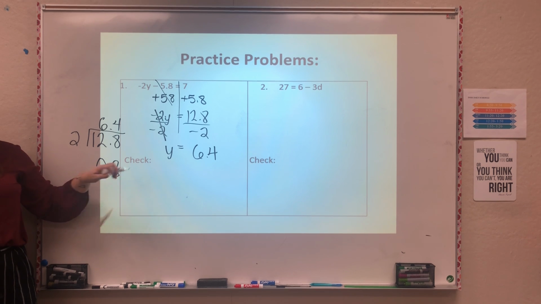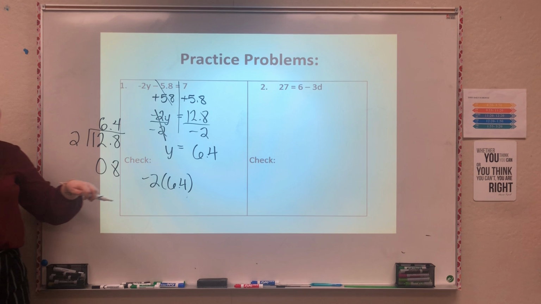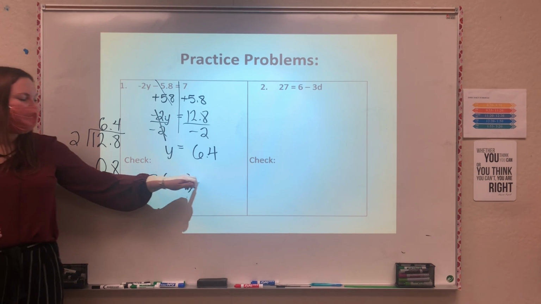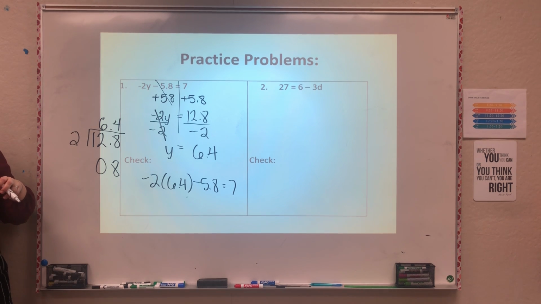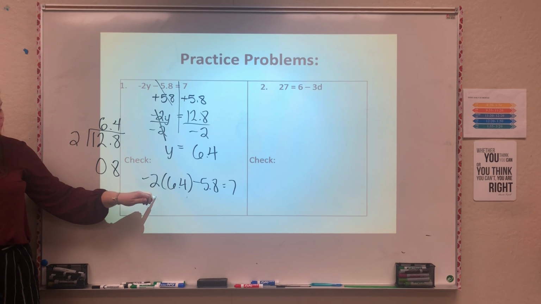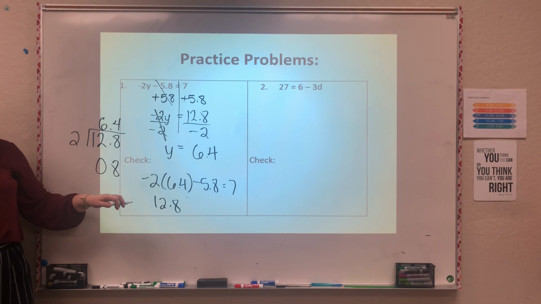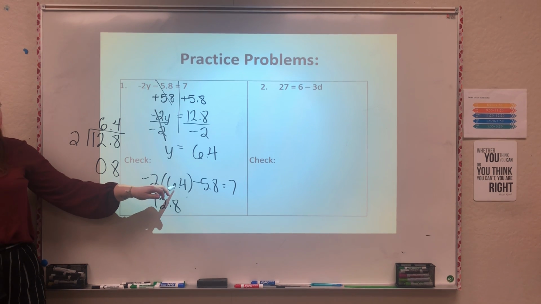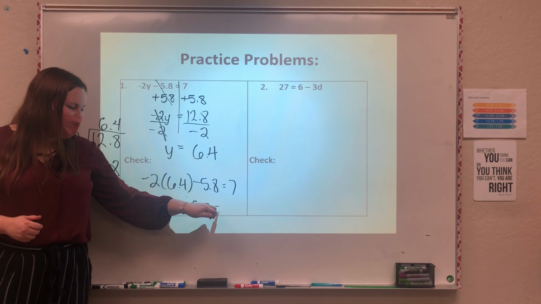Negative 2 times 6.4, minus 5.8 equals 7. So negative 2 times 6.4 will equal negative 12.8. Then negative 12.8 minus 5.8 equals 7.